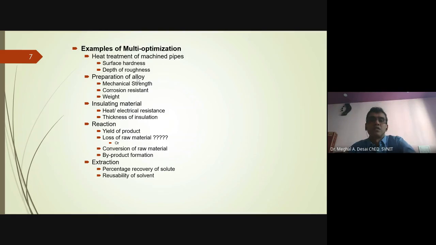Even in stainless steel we have various categories. Similarly, insulating material: if I would like to insulate something, the purpose is to provide resistance to heat or electrical things. But at the same time, the thickness of that material when I'm wrapping it around a pipe or a wire or a cable should be fairly less.